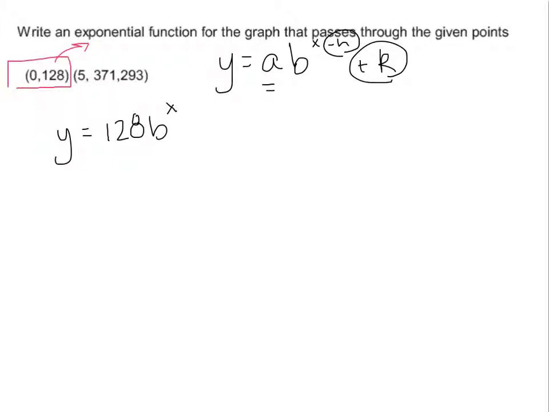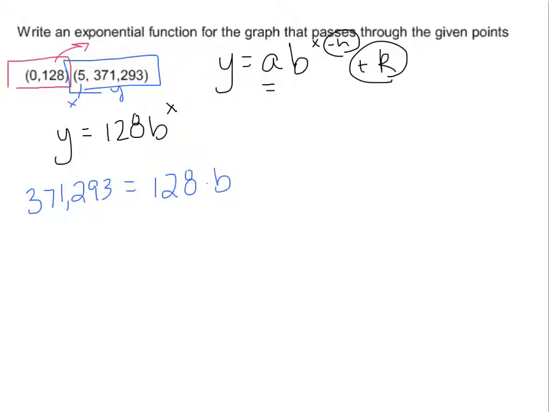And from our other point, which is (5, 371,293), we're going to plug this in for our x and our y value in our function. So we have 371,293 for our y is equal to 128 times b to the fifth.